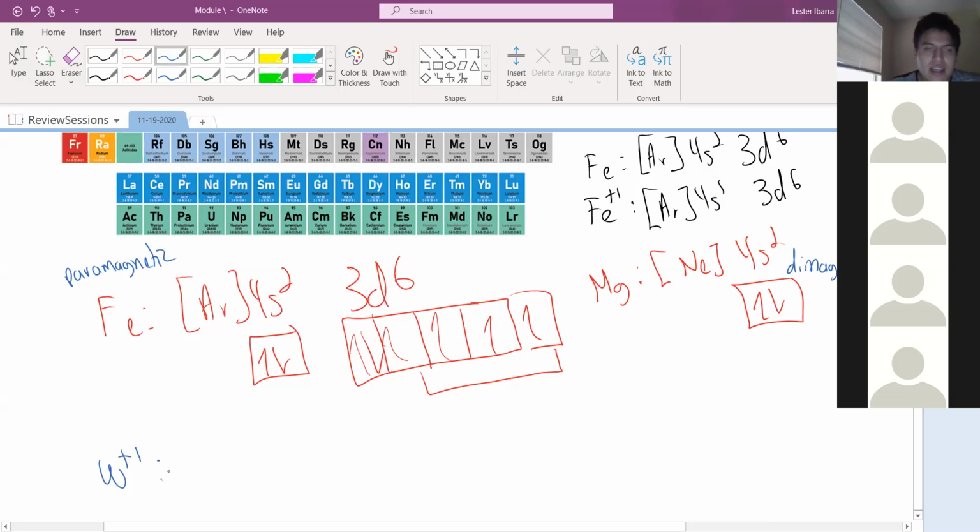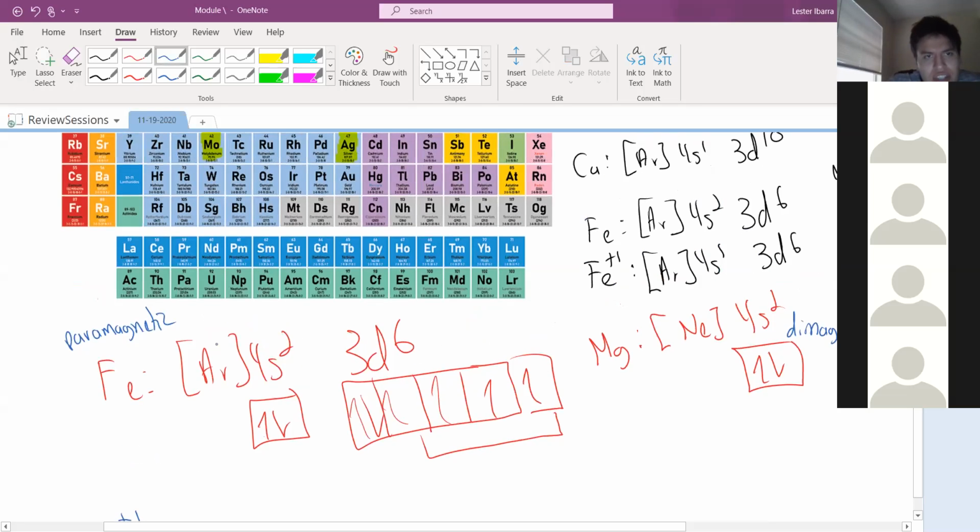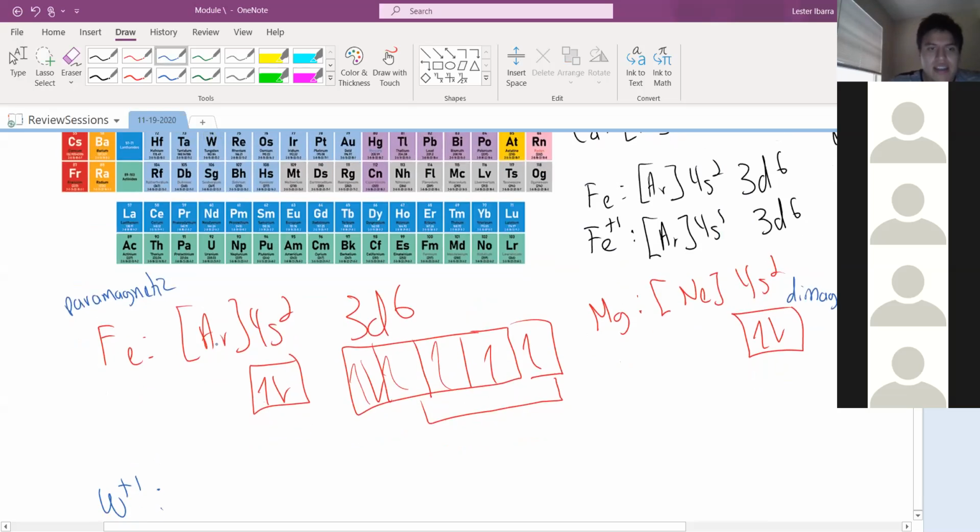So tungsten in shorthand method should be xenon and 5s2, and then 4f14, and then, oh, sorry, it should be 6s2. If we're going to do something, do it right.